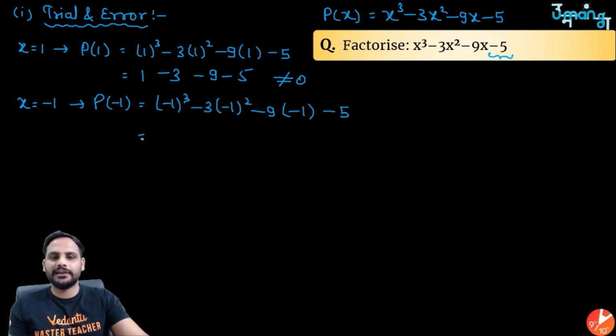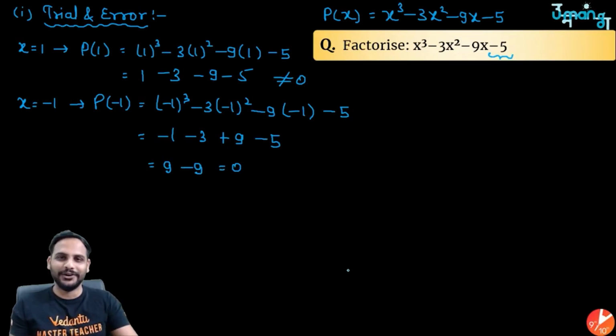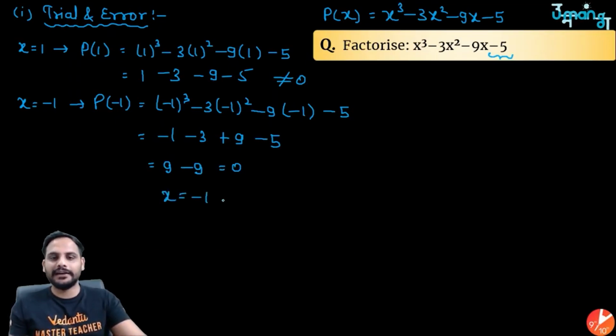Minus 1 cube is minus 1. Minus 1 square is 1, but 1 into minus 3 is minus 3. Minus 9 into minus 1 is plus 9, and then minus 5. Now minus 1 minus 3 is minus 4, and minus 5 will give you minus 9. So it will be 9 minus 9, which is equal to 0. So I got to know that x equal to minus 1 is a zero of this polynomial p(x).